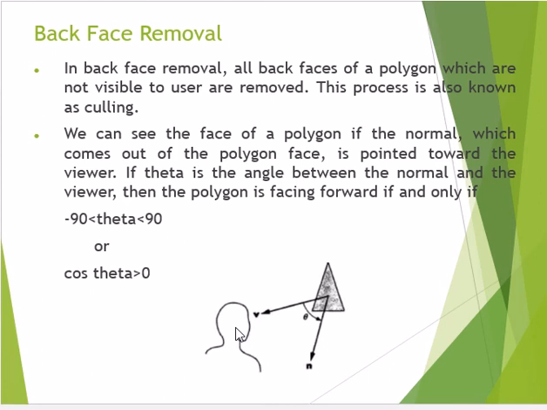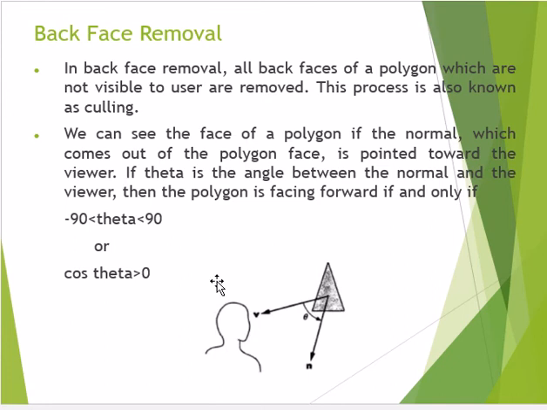Another method is called backface removal. In backface removal, all back faces of a polygon which are not visible to a user are removed, and it is also known as culling. We can see the face of a polygon if the normal which comes out of the polygon face is pointed toward the viewer.